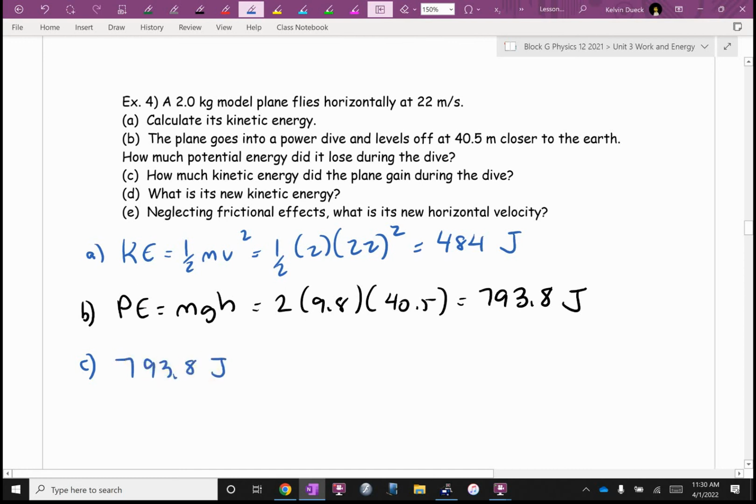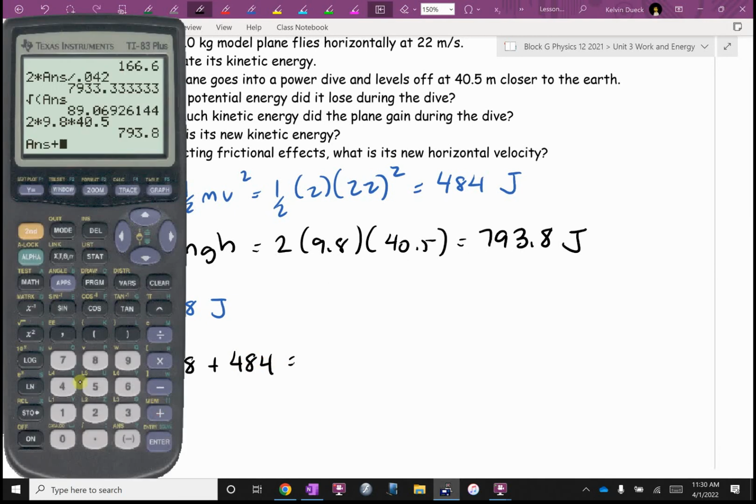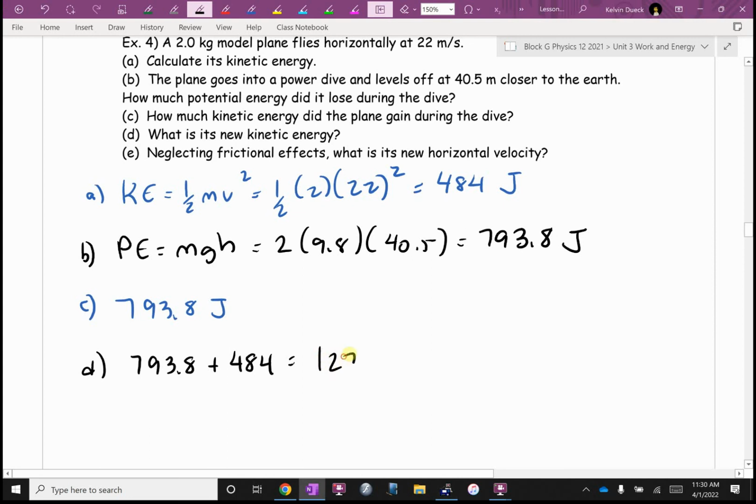Thank you very much. No minus here, right? In fact, do you know what the new kinetic energy is? The new kinetic energy is going to be 793.8 plus the original 484. The plane now has 1,277.8 joules of kinetic energy.